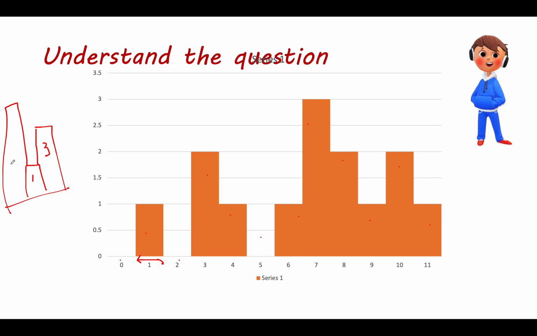How much water will be trapped at this particular bar? It would be equal to the minimum of the heights of the adjoining greater bars, the minimum of these two is 3, minus the height of this particular bar, 1, into the width of this bar.